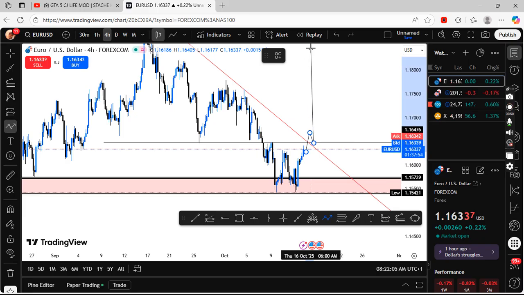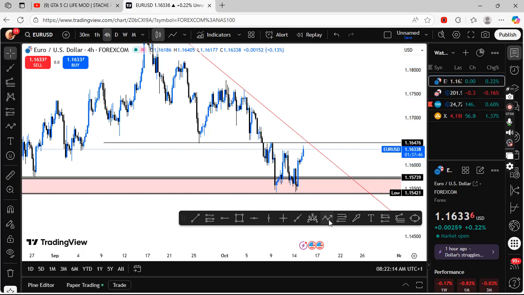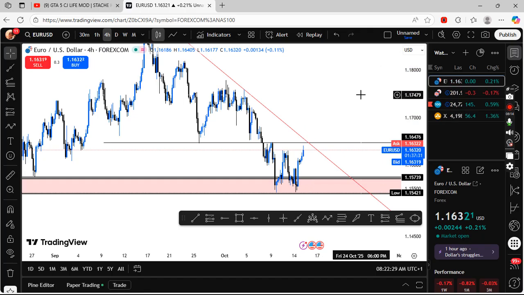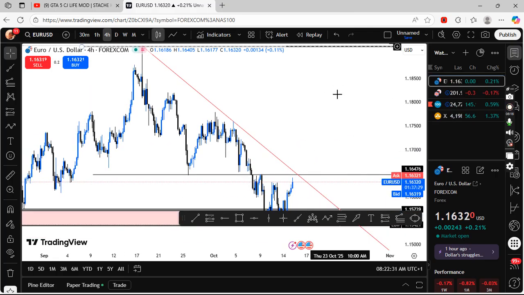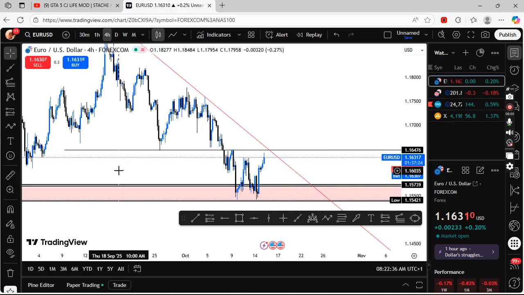Even if we're not going to be waiting for the retest, we will join the trade the moment it closes above. The market may do a little retest without even touching the trend line, then boom, we are in the trend, and this should be a lot of pips move. You understand? This is going to be a lot of pips move.